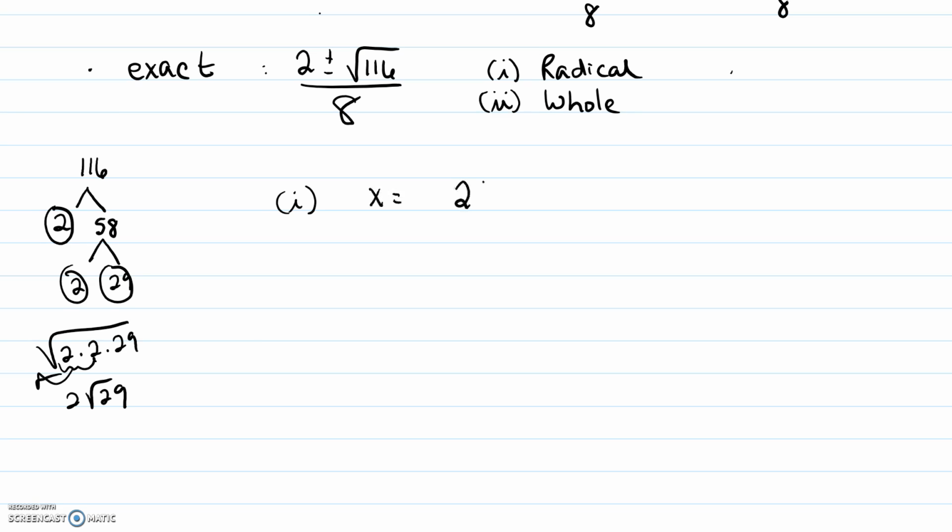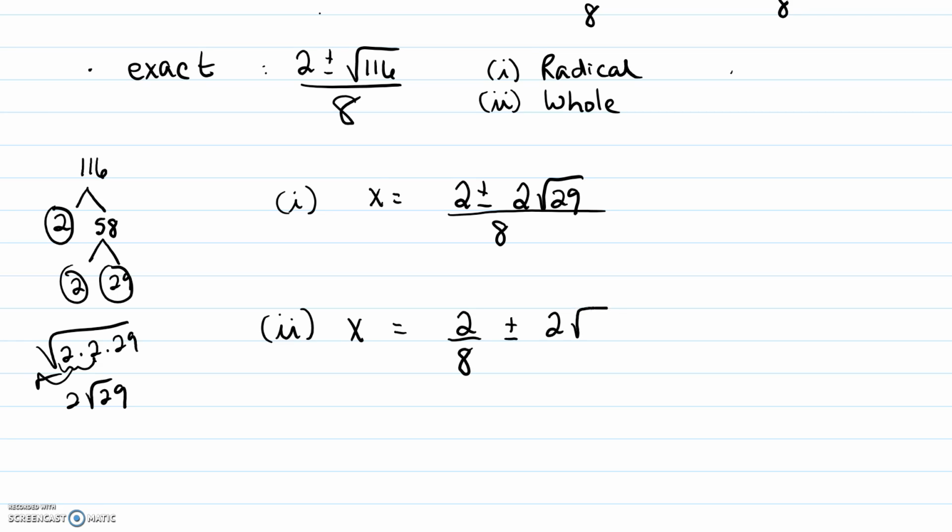So we're going to rewrite that square root of 116 as 2 square root of 29, all divided by 8. Then you're going to reduce the whole problem. And I recommend at this point just split up your numerator and reduce each term individually. So take 2 over 8 plus or minus 2 square root of 29 over 8.